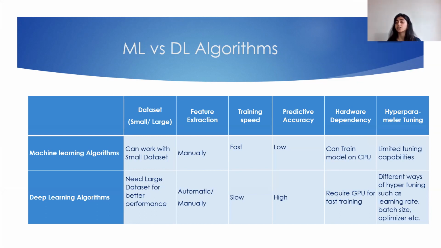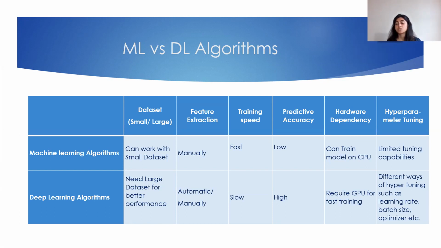Because the deep learning algorithms need a very large data set for good performance. So when a model has a very large data set, obviously it will give good accuracy. Hardware dependency: the machine learning models can work well with the CPU, but the deep learning models sometimes require a GPU for fast training.